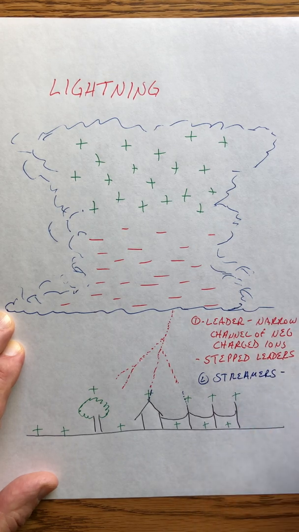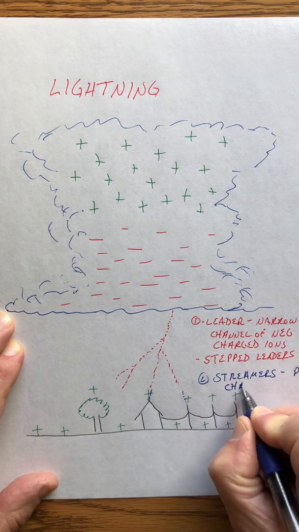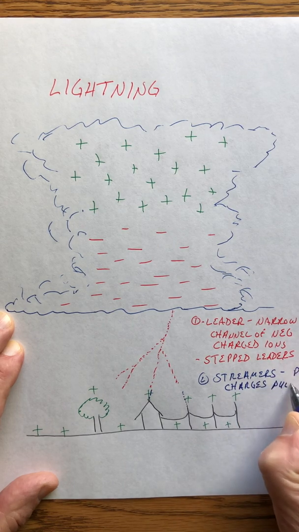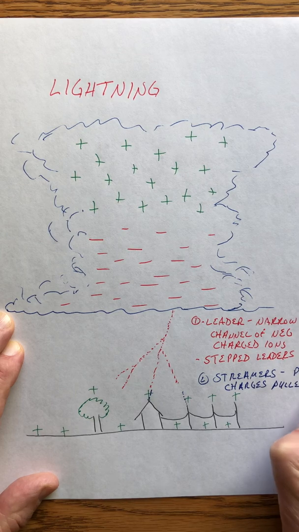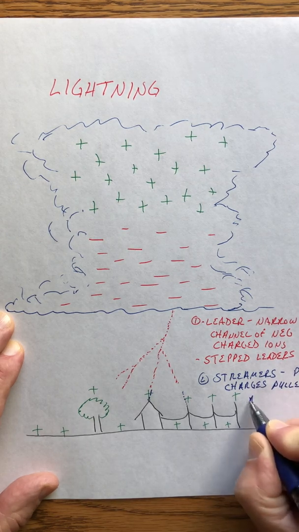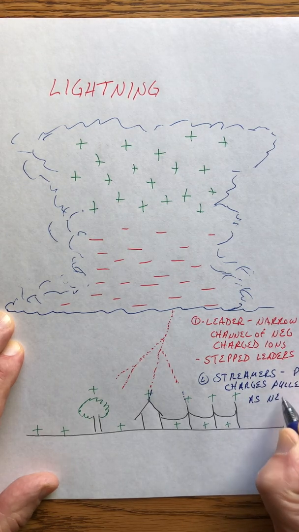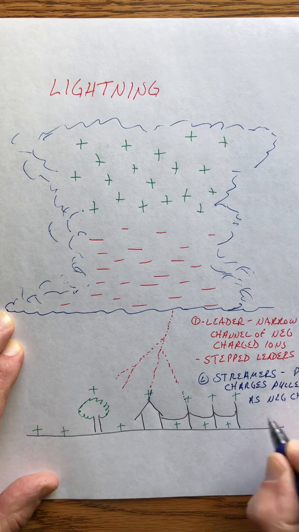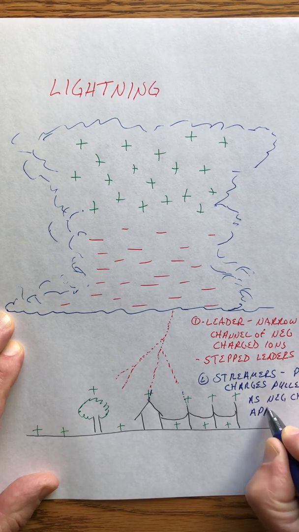And so streamers are the positive charges that are pulled up as the negative charges from the leaders approach the surface.